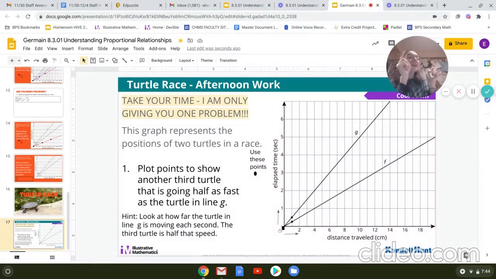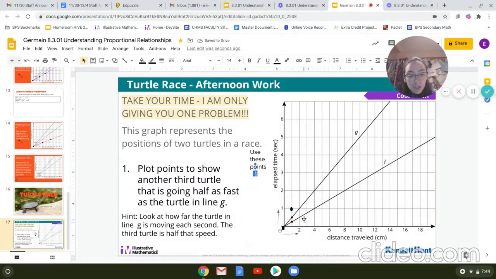Half of 2 is 1. You're right. So for every 1 second, this new guy, you're going to plot a point. He can run 1 centimeter. So from here, my slope is a rise of 1, run of 1. I have a couple points here, and you might need to grab that line and connect it. All you need to do is create the equation for this line right here, okay?